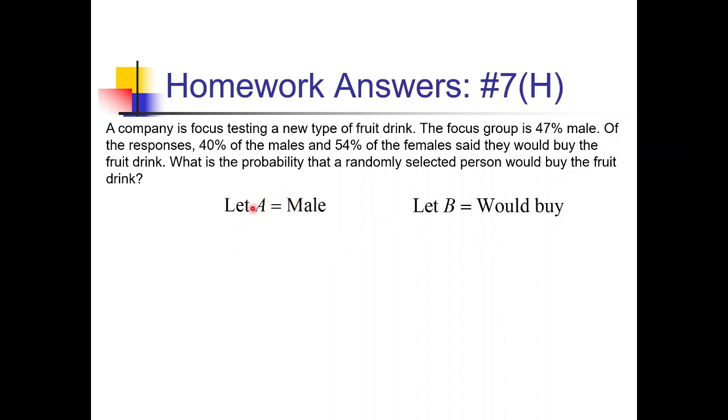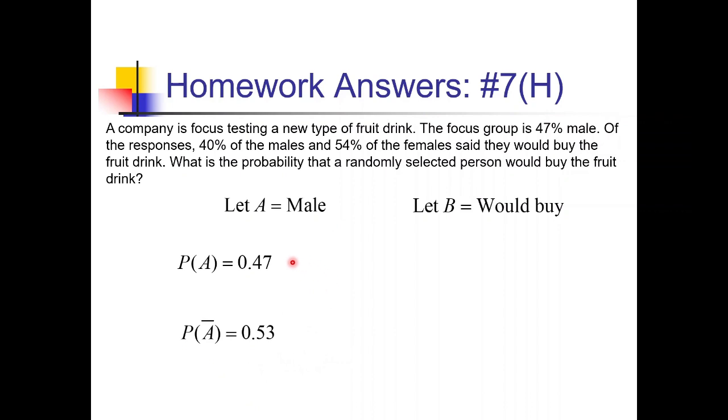The probability of A is going to be 47%, and the probability of not A, we'll just do 1 minus 0.47. We will assume all the subjects of this study are binary, even though we know that in a real life setting that's not necessarily the case. So we'll just say 0.53 for not A.